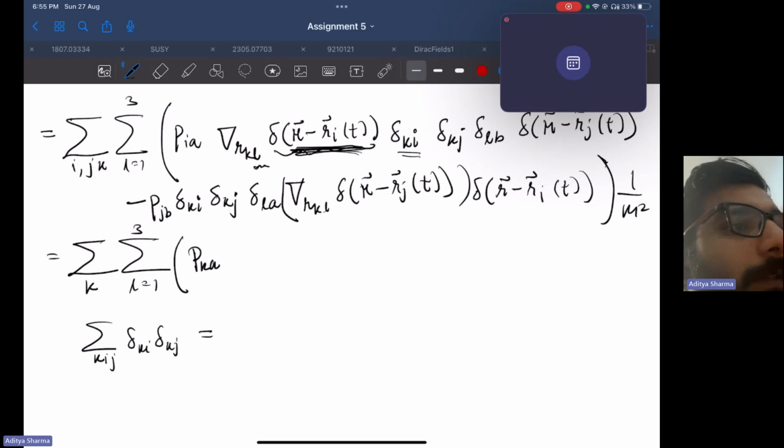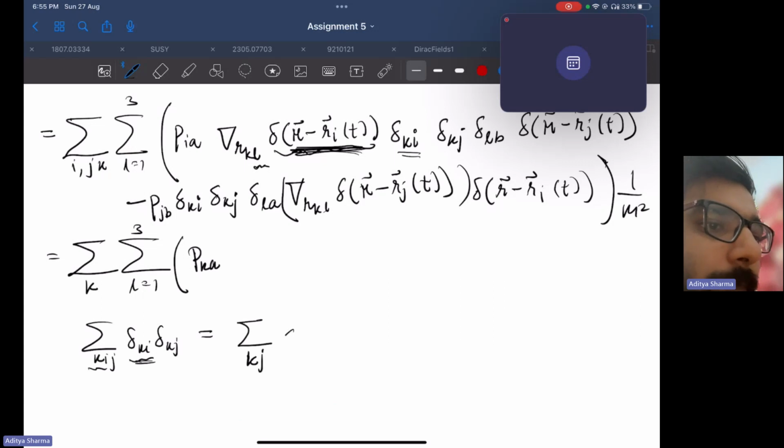Then what you are doing is, when K is equal to I, let's just look at Ki summation. Whenever K is equal to I, then only this is non-zero. So this becomes sum over say Kj, Dirac delta Kj. Whenever K is equal to J, then only this is non-zero. That means you will have sum over K only remaining.